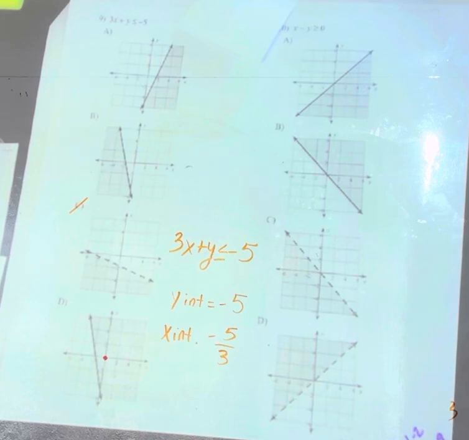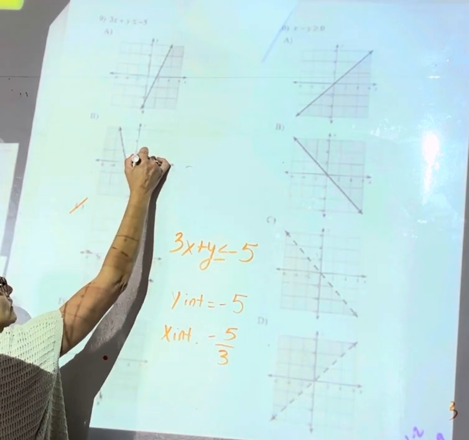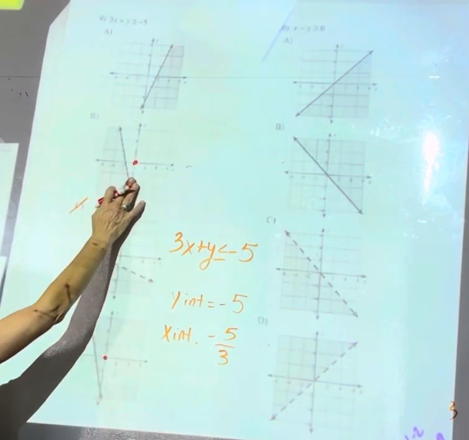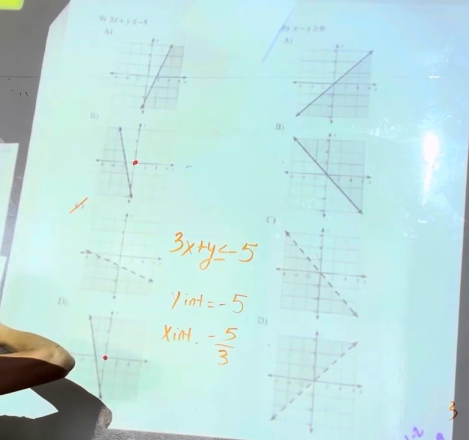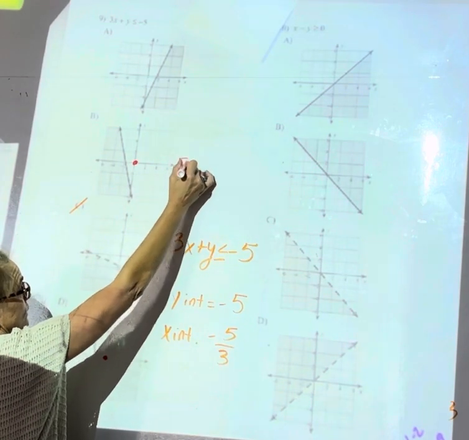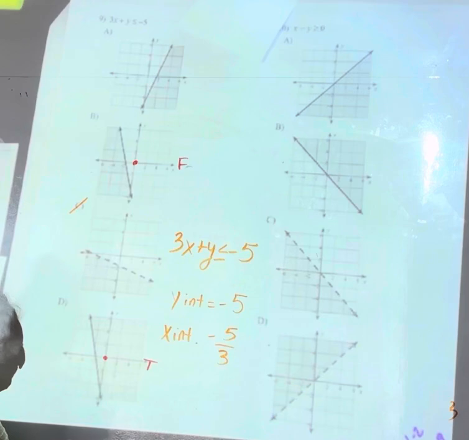Does the origin satisfy this problem? No. It would be false here and true here. Does that make sense? Because it's part of the shaded region.